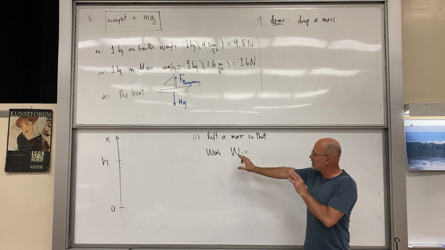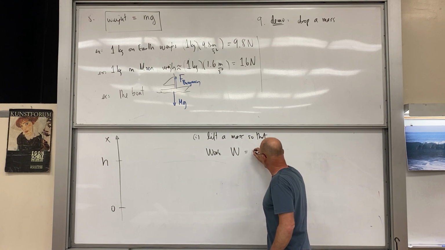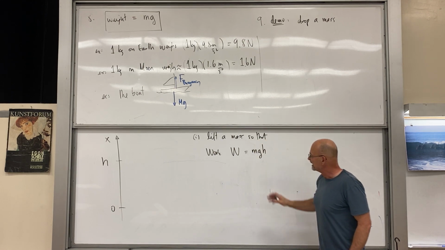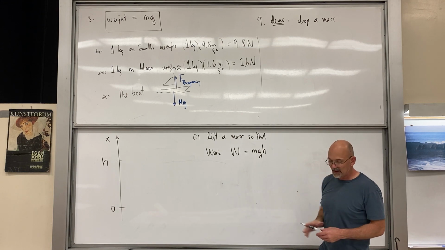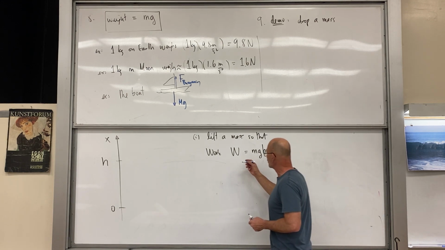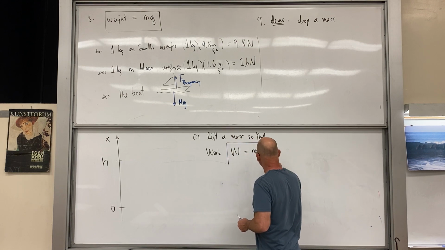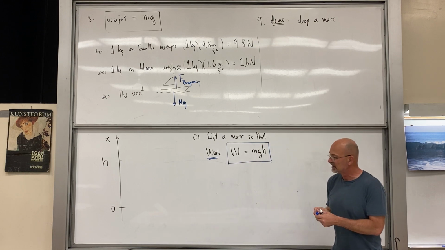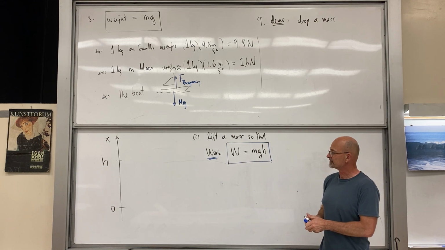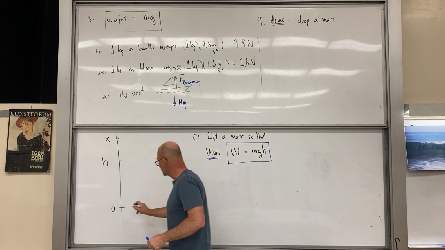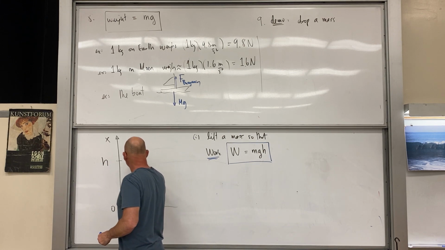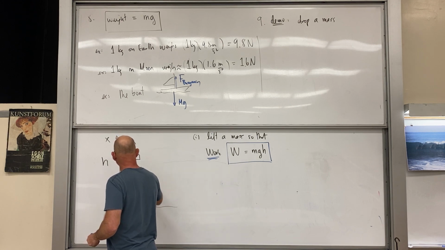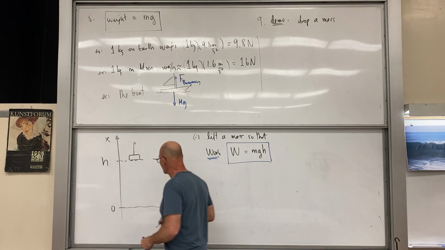So we're getting back to the energy and the work concept, but now we know the force is a weight, so it's M times G times H. This is something we're going to look at quite a bit. Okay. Very simple expression. Work is the mass times gravity times H. So remember your definition of work. Force times displacement, lifting something. Good, so here's our 0 level, and we lifted it up to this level H.